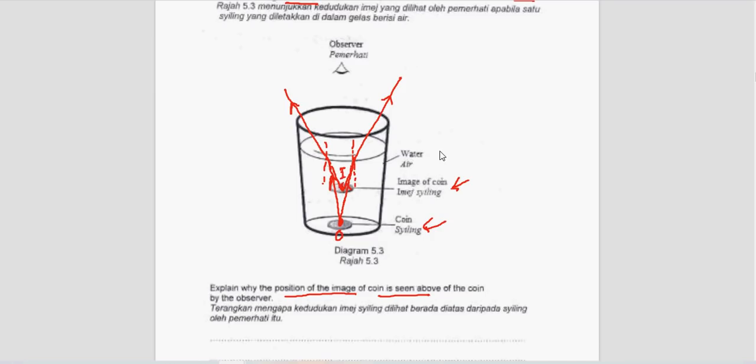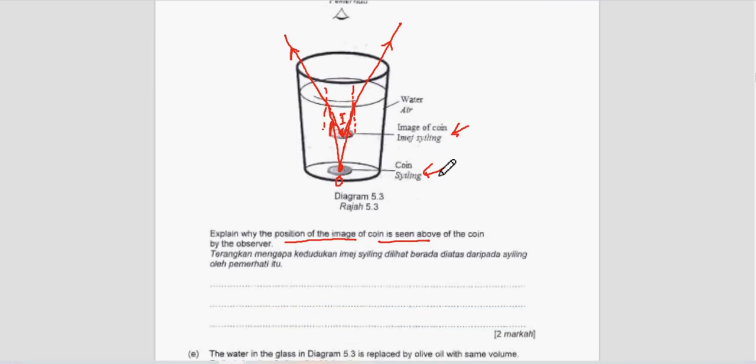Put I. Now, if you want to explain about this, you need to mention about light. Where does the light travel from? So the first answer, tick 1, will be when you say light travels from water to the air.